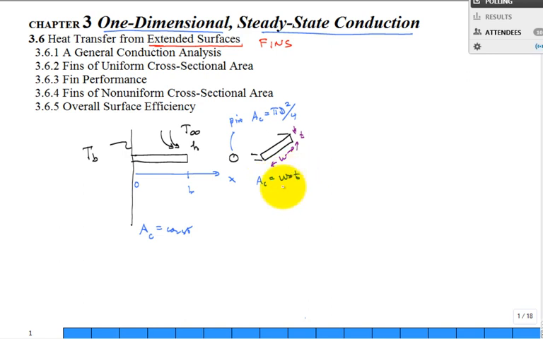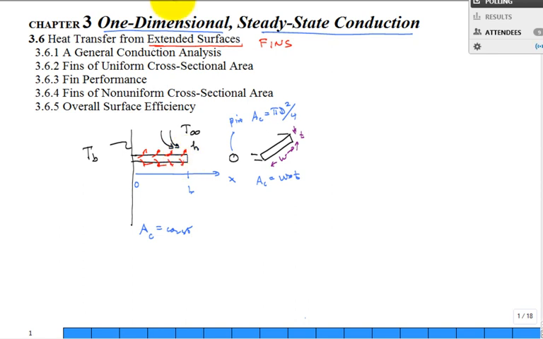It's not changing, and it's conducting out that cross-sectional area. But as it conducts out, there's some heat transfer off of that surface into the fluid. That's the reason for having this extended surface, this fin: to have more area, to promote the heat transfer.